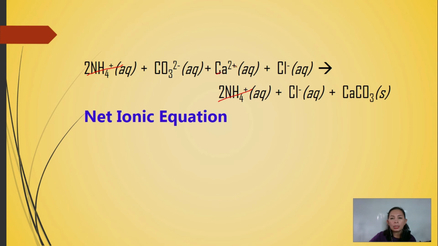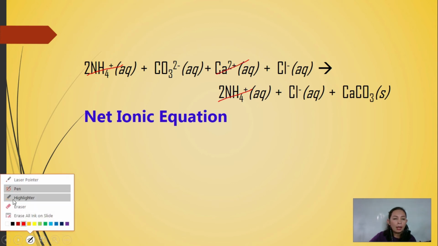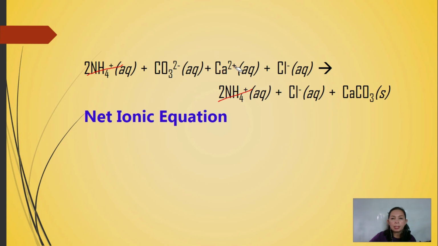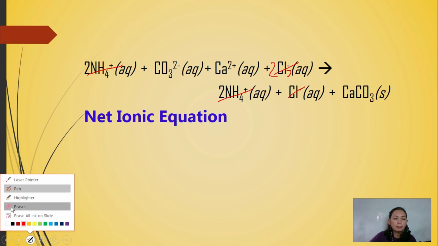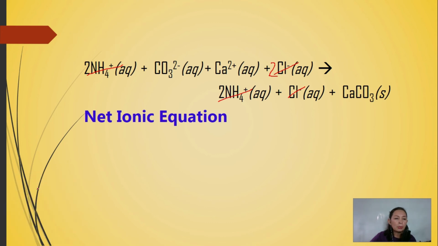Calcium, no. We do not have any calcium in the product side, but we have chlorine ion. Okay, I should have 2 here. Am I right? This is supposed to have 2. Same here. Okay, canceling ammonium ion and chloride ion.